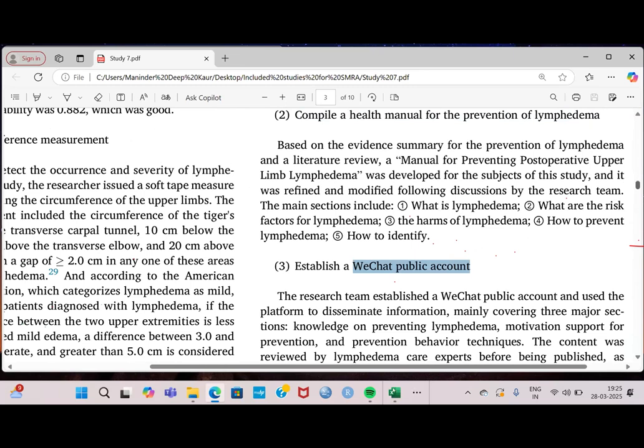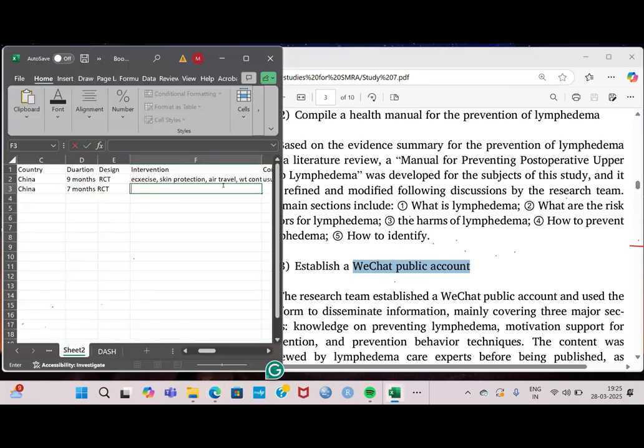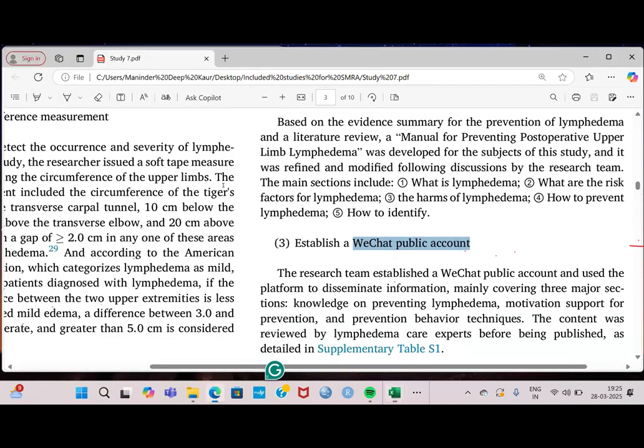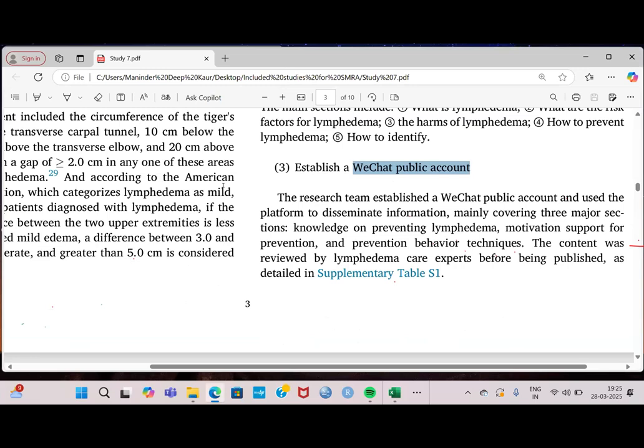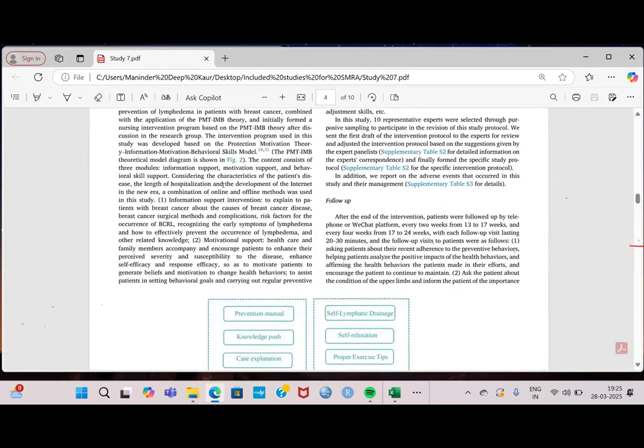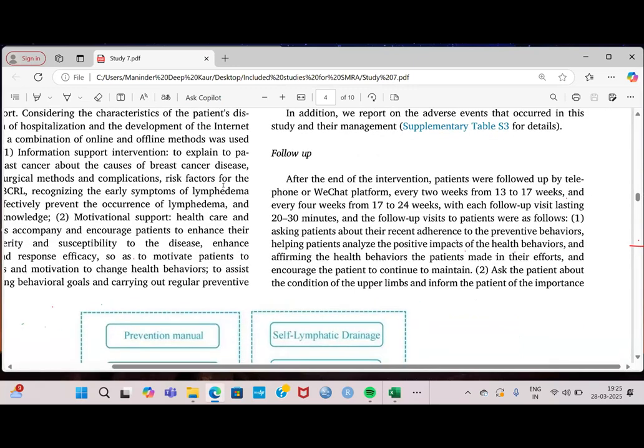So we can put this in our interventions, like we can write down manual for managing lymphedema and WeChat group. Anything else? Yes. Okay.